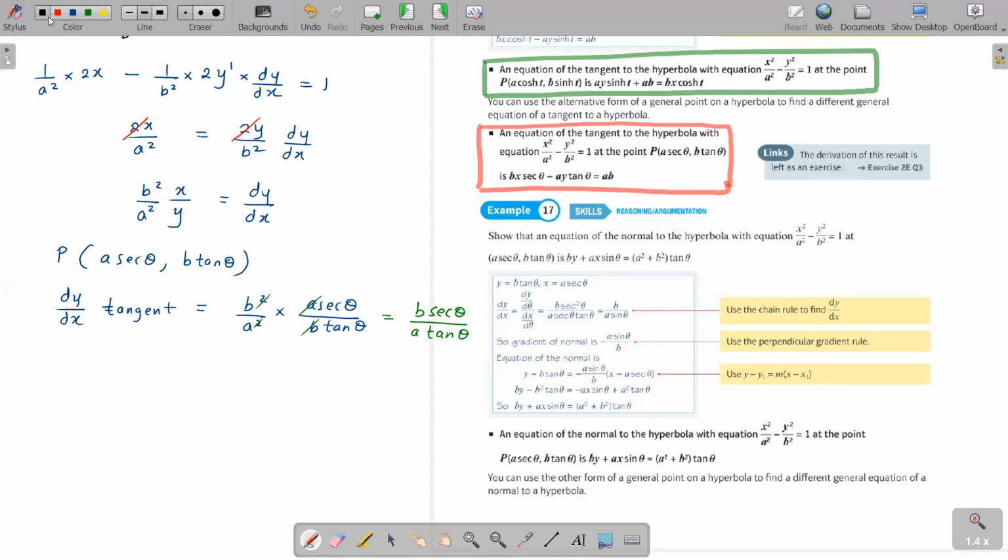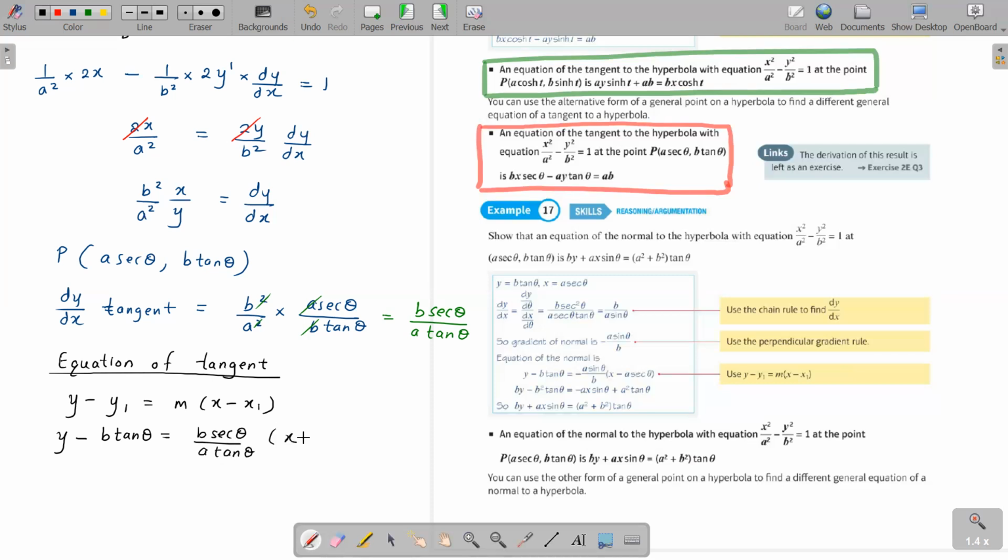So then now let's go for the equation of the tangent. y minus y1 equals gradient times x minus x1. y minus y1 is y minus b tan theta, gradient m is b sec theta over a tan theta, x minus x1 is x minus a sec theta, right?